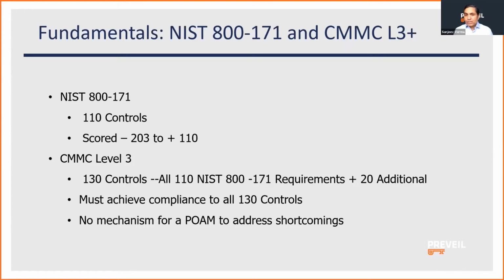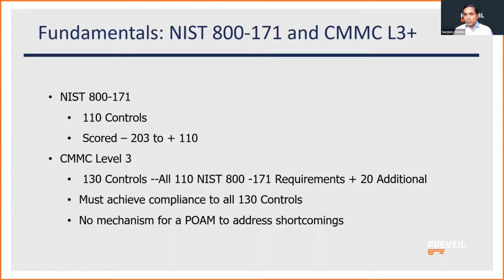And again, I'm going to focus on level 3, which is the level in CMMC which is dealing with controlled and classified information storage and sharing. CMMC level 3 is 130 controls, which includes all 110 NIST 800-171 requirements and 20 additional requirements that warrant significant additional protection associated with information for Department of Defense vendors, and universities certainly are one of them.